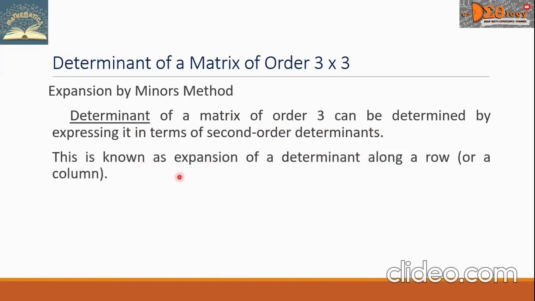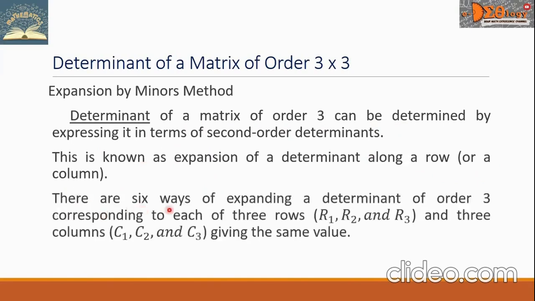This is known as expansion of a determinant along a row or a column. There are 6 ways of expanding a determinant of order 3, corresponding to each of 3 rows, R sub 1, R sub 2, and R sub 3, and 3 columns, C sub 1, C sub 2, and C sub 3, giving the same value.